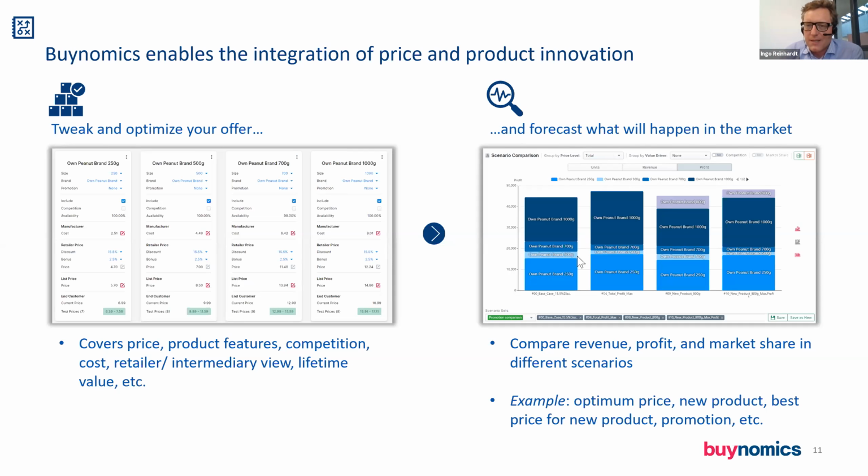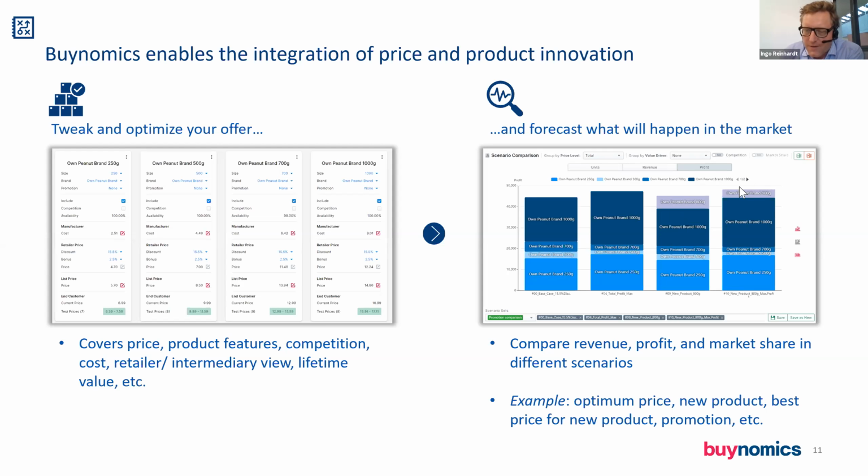And that's something that teams from different departments can currently work on together, so that you have transparency over these different options. What's the profitability of the status quo? How would it be affected if you just have a price change? What's the effect if you change the portfolio with a new product without prices?